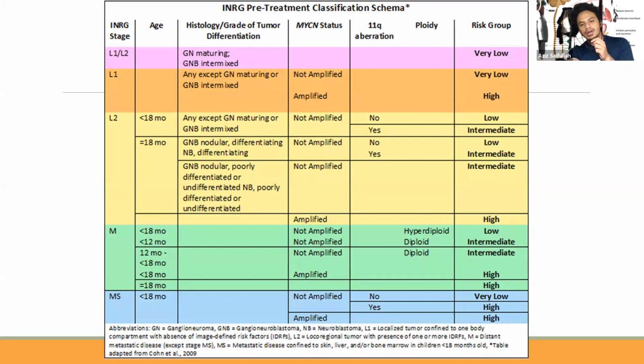We can segregate the patient into the proper risk group and manage them properly, depending on which group they are classified into. So this is the main thing that needs to be focused on when it comes to management.